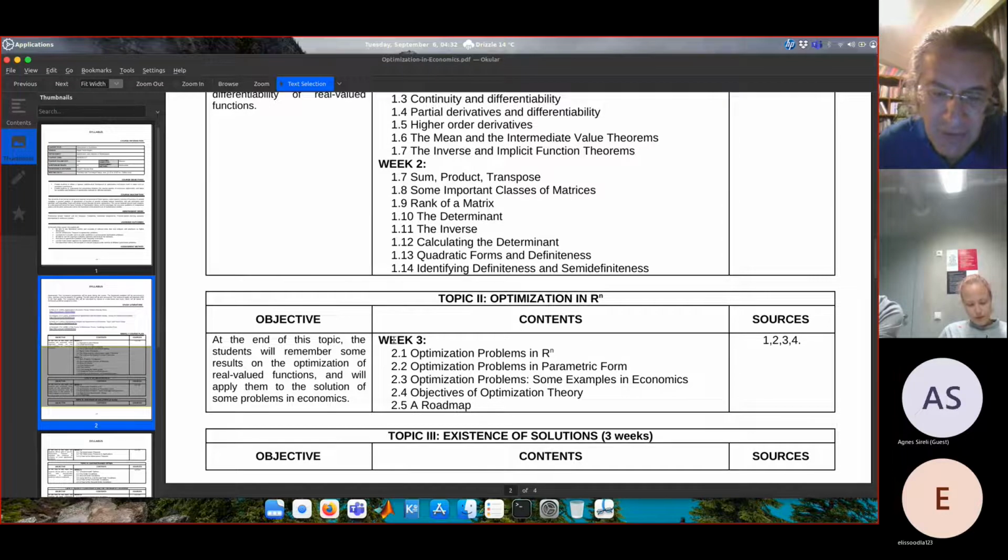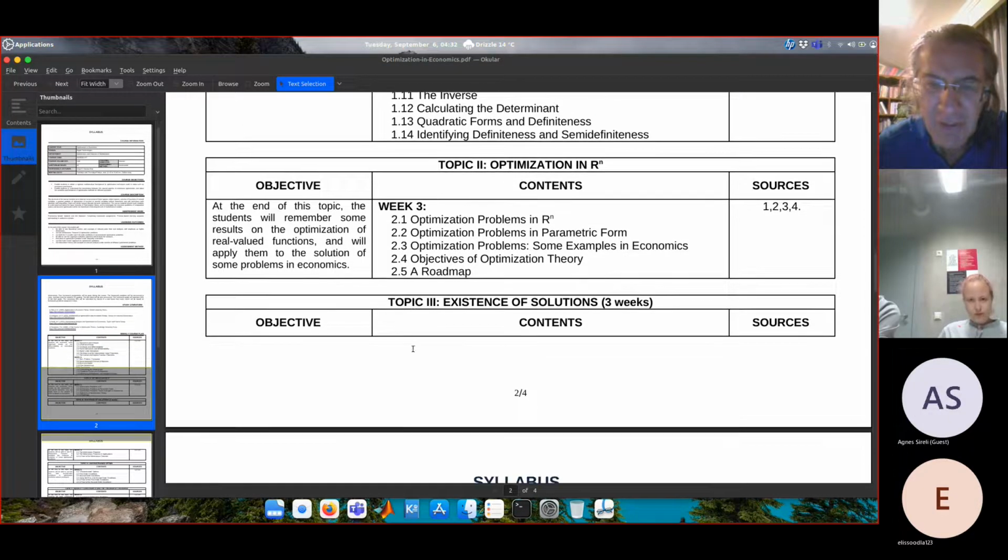For week number 3, we are going to cover optimization problems in Rn, optimization problems in parametric form, some examples in economics, and the objectives of optimization theory.